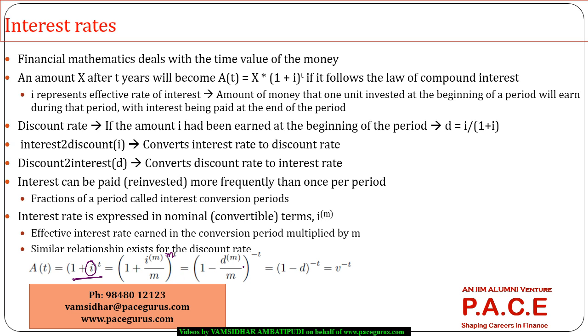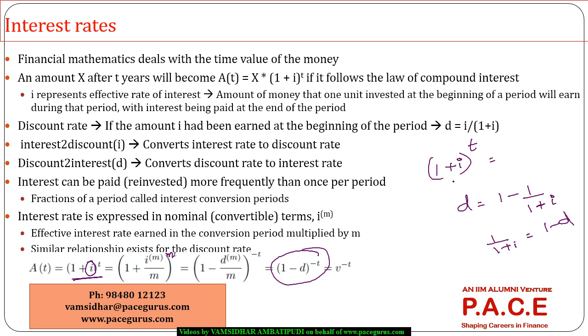So we are talking about the annual discount rate, right? So 1 plus i to the power t, with the usage of some expressions, we have already said d is nothing but 1 minus 1 by 1 plus i. So based on this, I can say 1 by 1 plus i equals 1 minus d. So 1 plus i is nothing but 1 by 1 minus d.